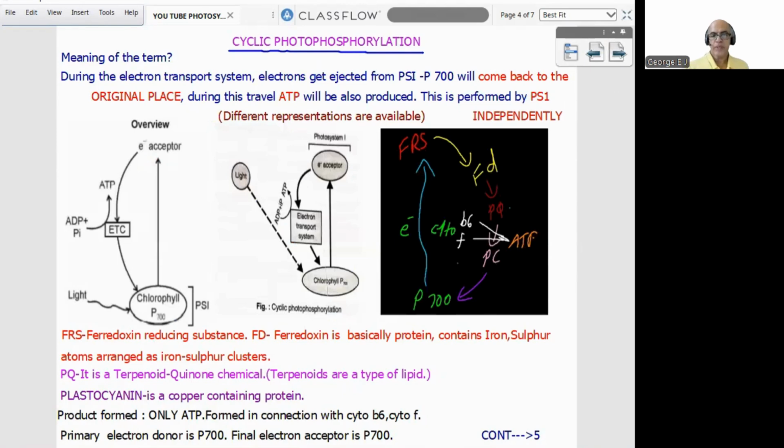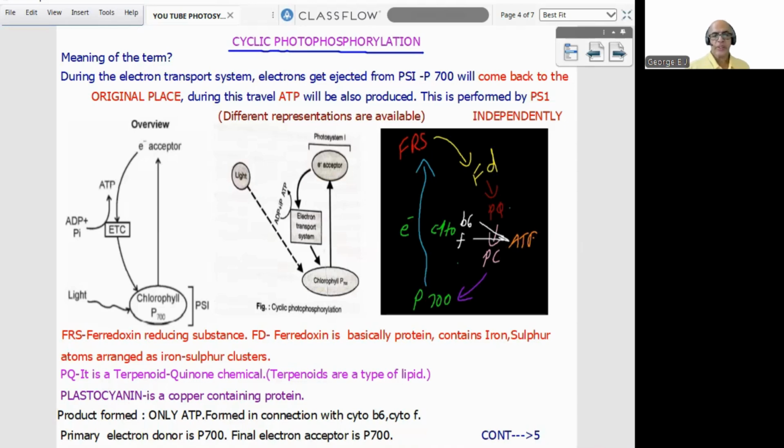Different diagrams are available. I got almost 3 editions of NCERT and the diagrams are different like this. The present NCERT diagram, you can take care of. Now first, what is the meaning of the term cyclic photophosphorylation? Cyclic means something that goes from a place and comes back to the same place. That is why the term cyclic.